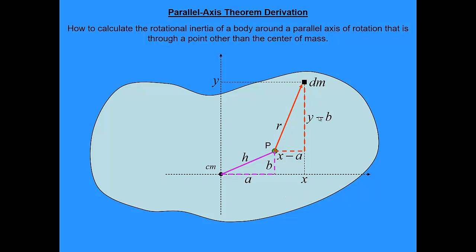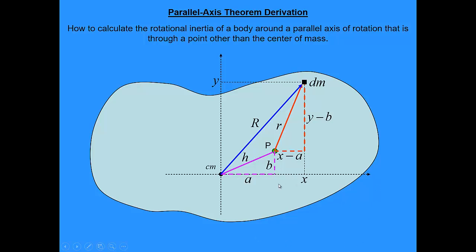And then one more thing. How far away is the mass increment from the center of mass? A distance which we will call capital R. Right? And if you notice, R has perpendicular components x and y. Right? So each of these little distance things that we've written up here, h, which is the distance from the center of mass to the actual axis, the parallel axis of rotation, right?